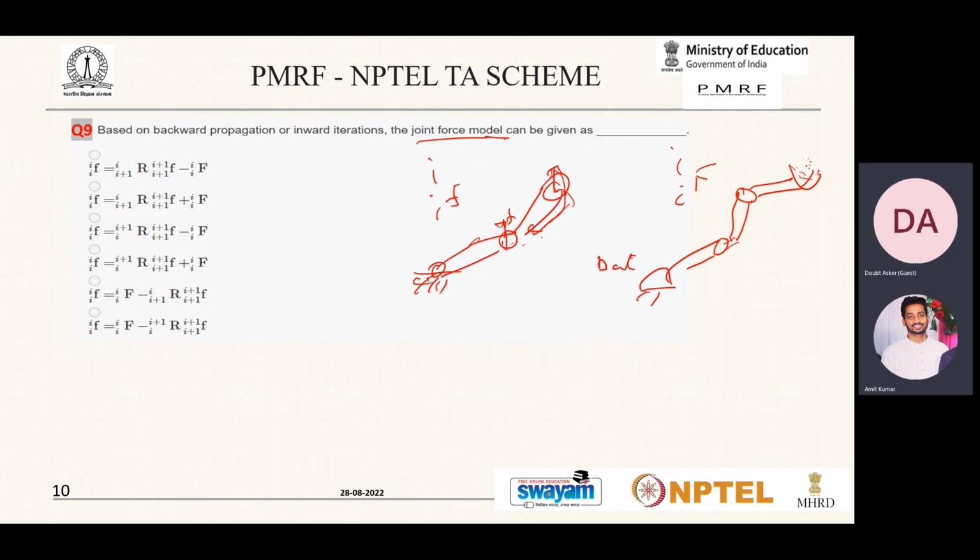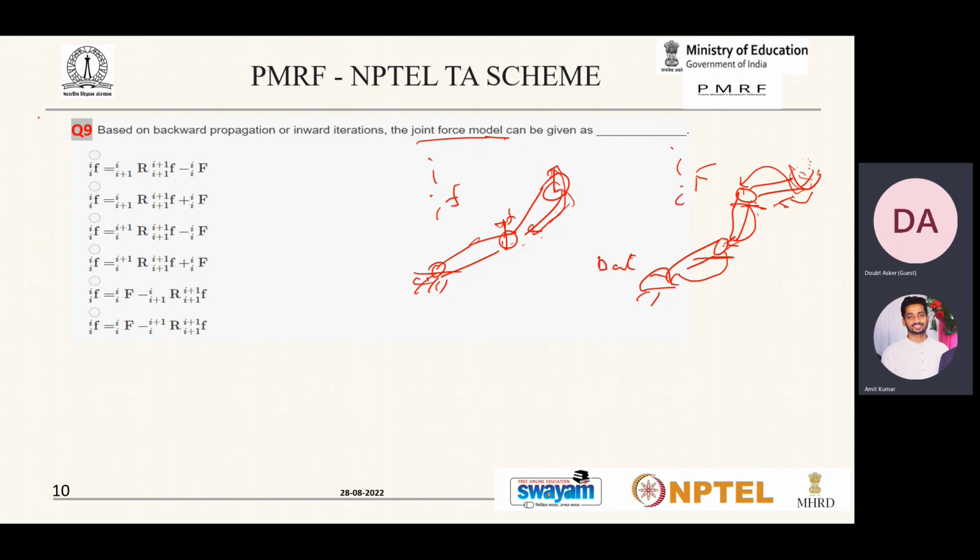Whatever force you exert here will have an effect on all the joints. So in this case, whatever force is applied here is used to transfer back to the base joints to find the joint force parameters. So this is how it is done.